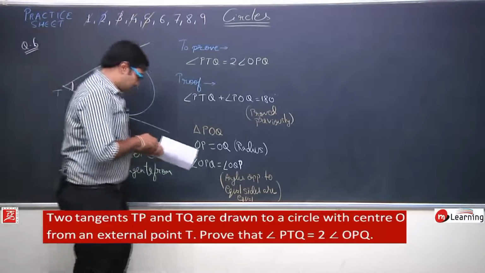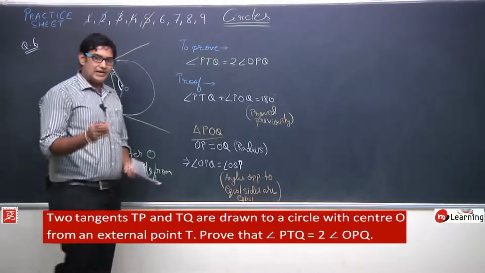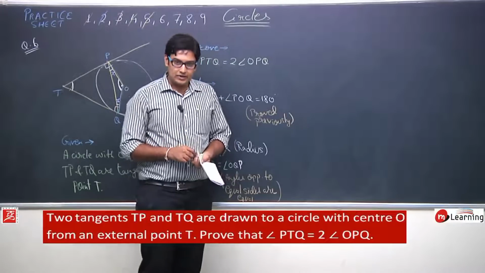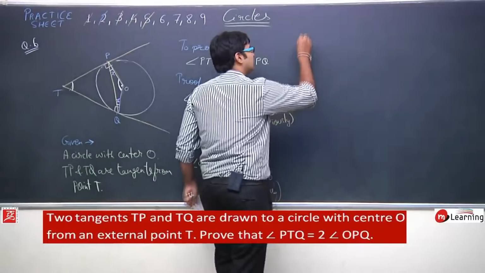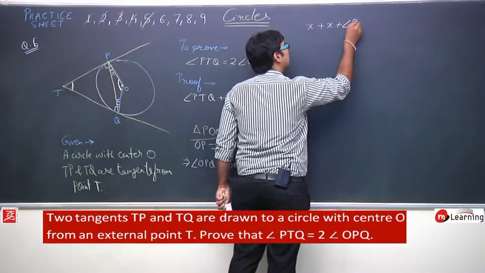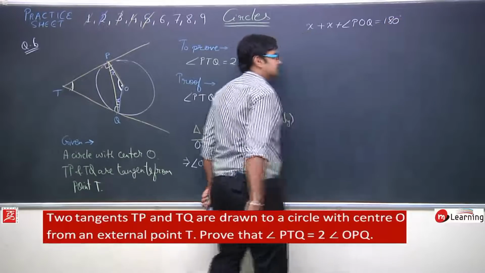Now, if you see this OPQ triangle, we know that the sum of internal angles of a triangle is equal to 180 degrees. So in this small triangle OPQ, I can write x plus x plus angle POQ is equal to 180 degrees.